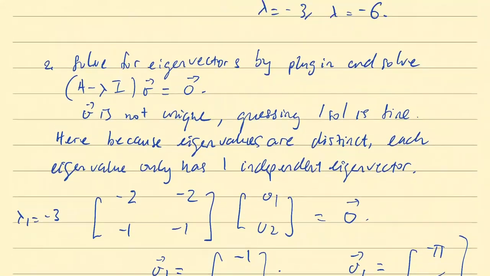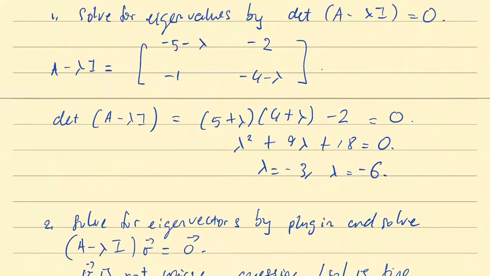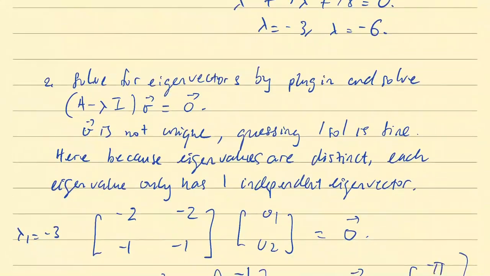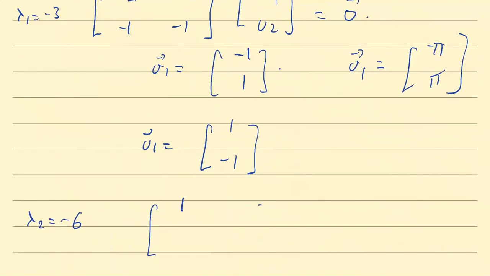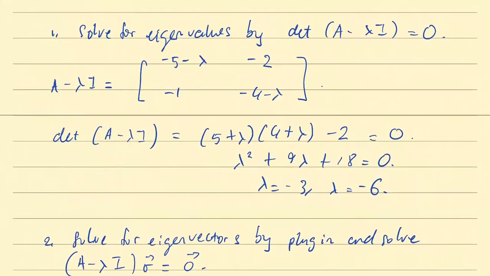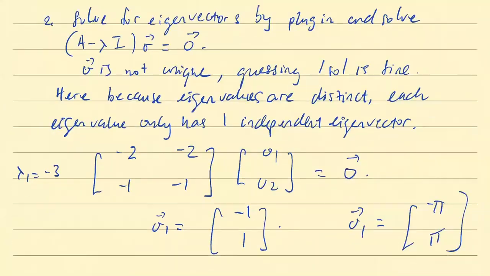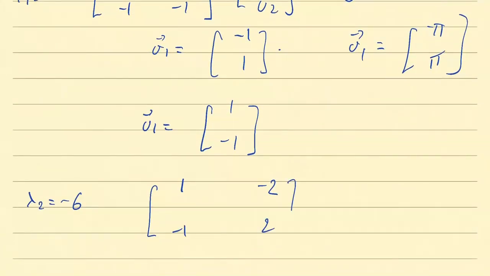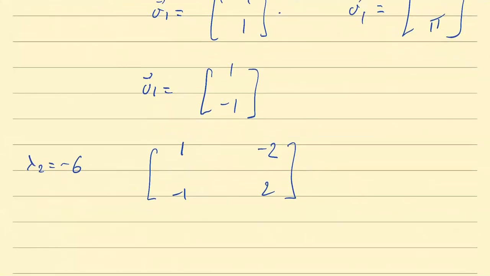Okay, lambda equals -6. Then you get 1 minus 2, and -1 and 2. So you see the obvious choice for V2 is 2 and 1.